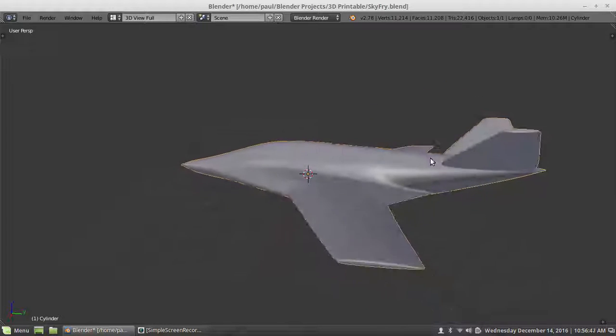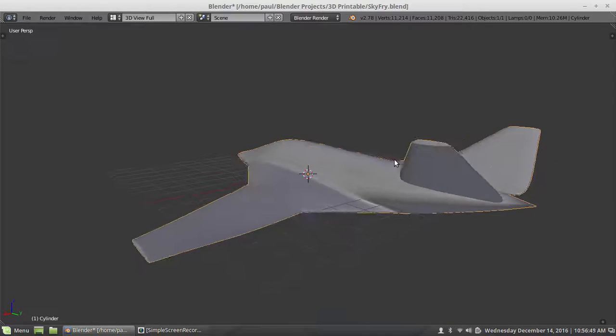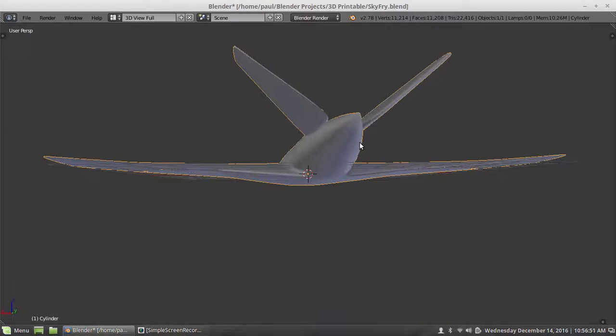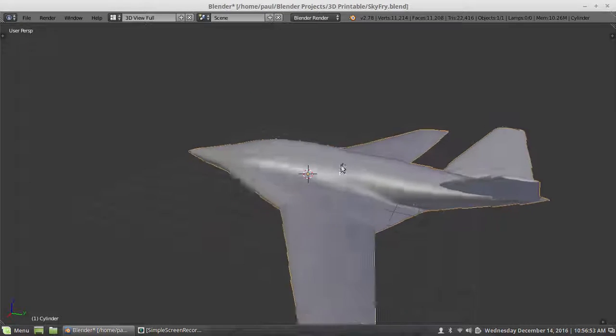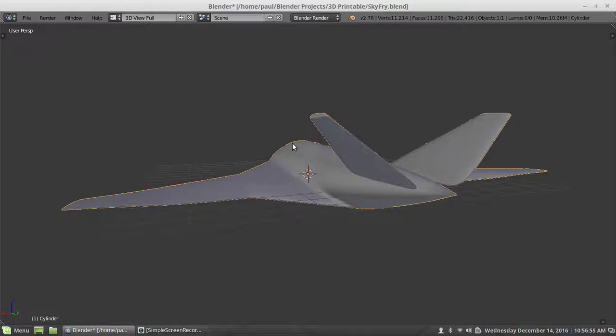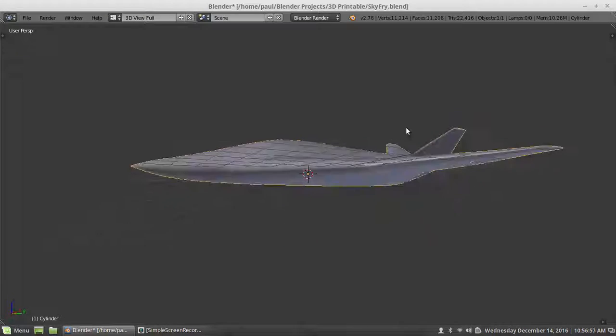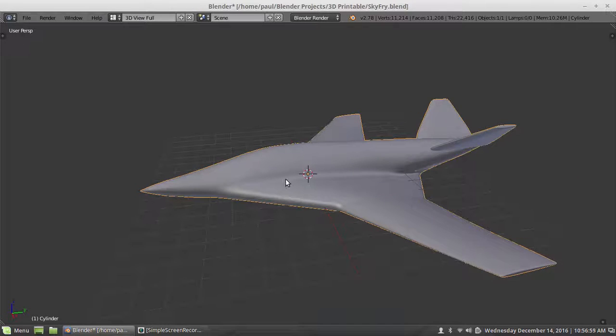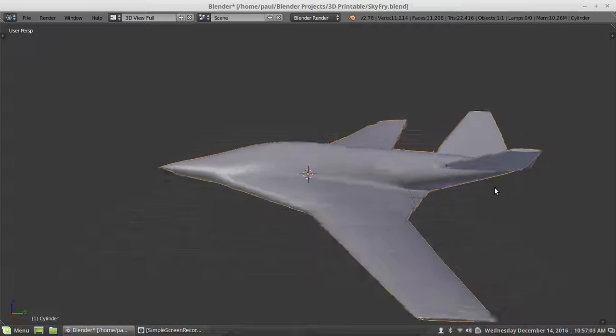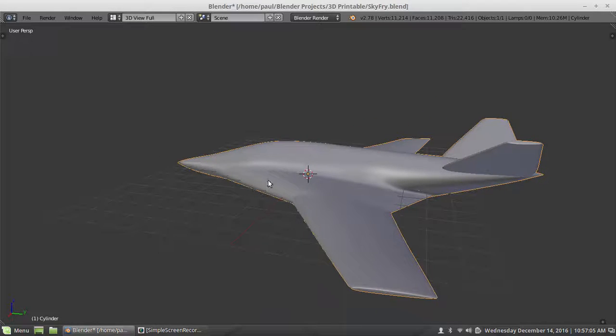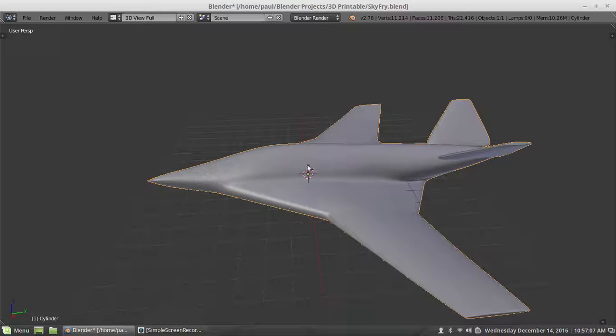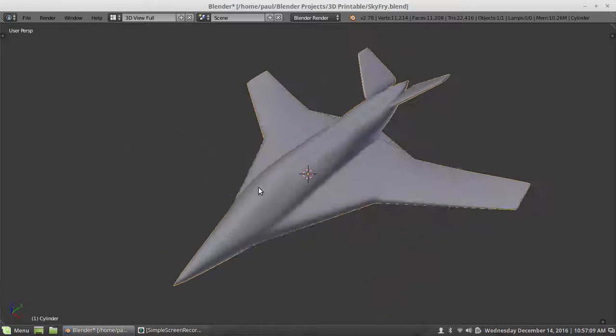It's going to be interesting because I use booleans and automatic generation. This is really more of an art than a science, but it's based on stuff known from looking at different aircraft. I figured that this thing will actually work to some extent. I don't know exactly where the center of lift on the wing is or where the center of gravity is, but presume the battery will be in the very nose section.